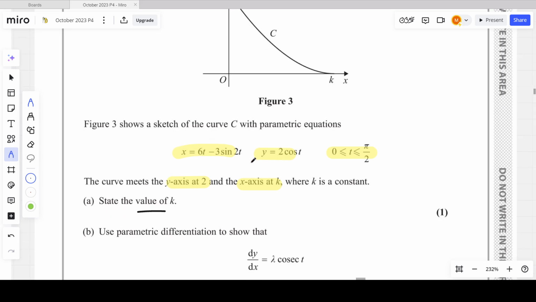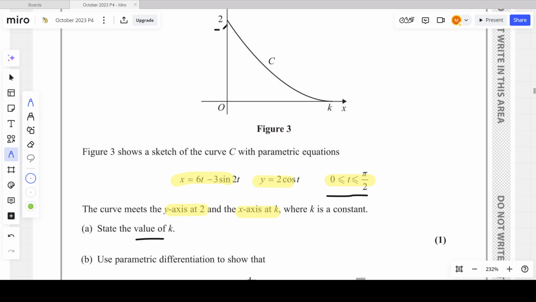At point k the value of y is 0. The range of t is given. When t is 0, cos 0 is 1, so we get 2 there.